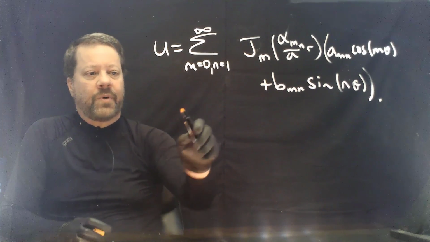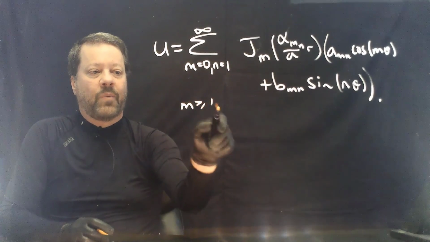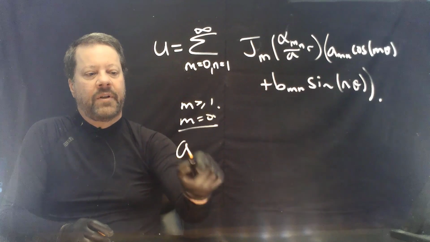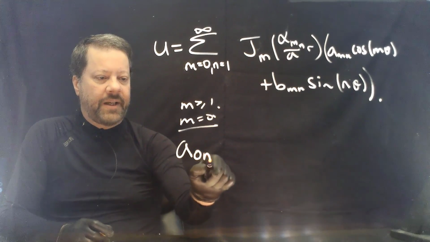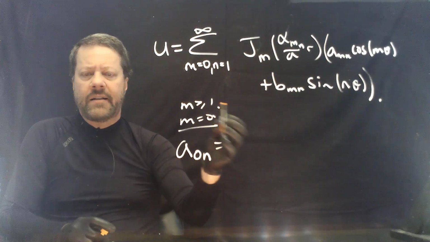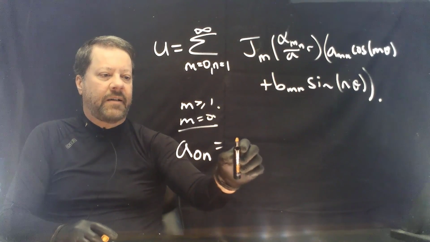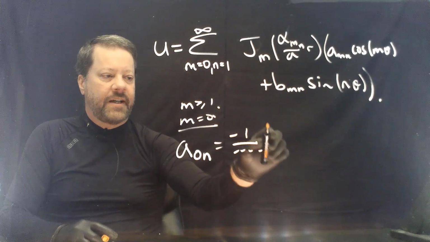Those coefficients worked for m greater than or equal to 1, so the only question is, what happens when m equals 0? What is a_0n? The only difference here is that you end up with a -1 over all this stuff, integral.